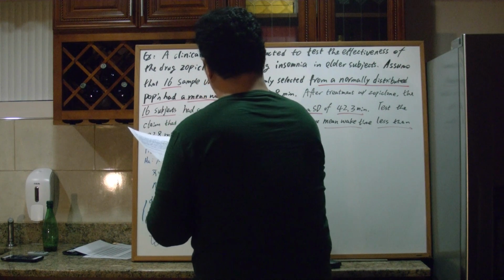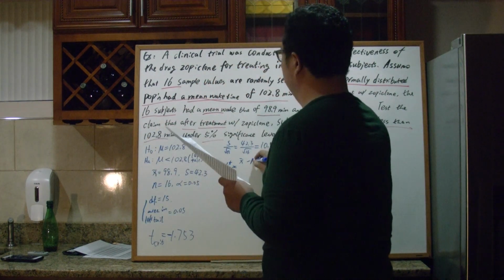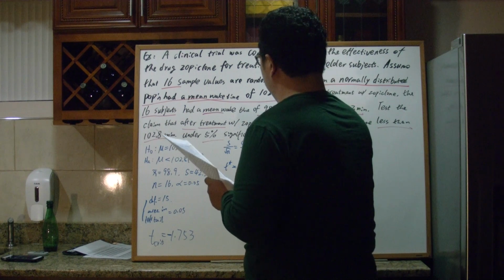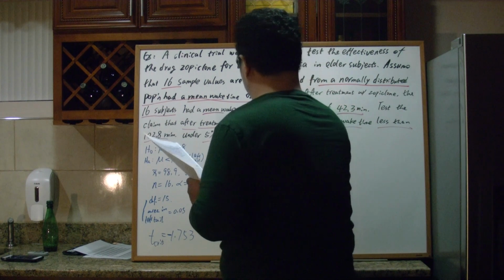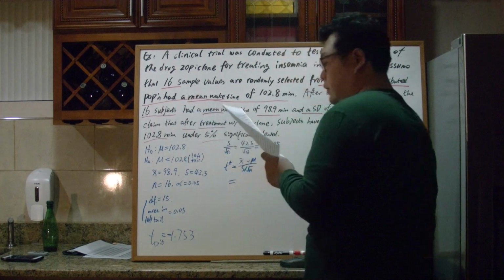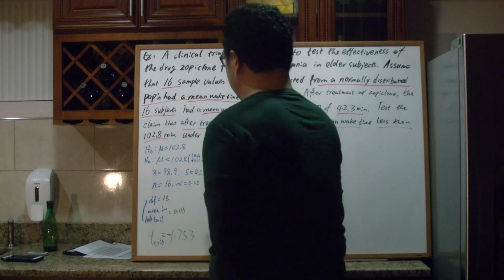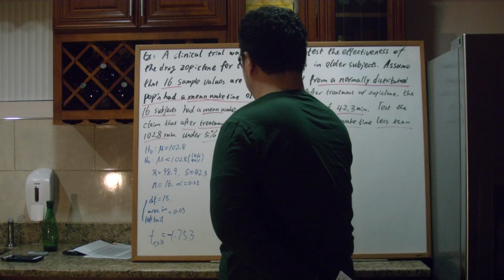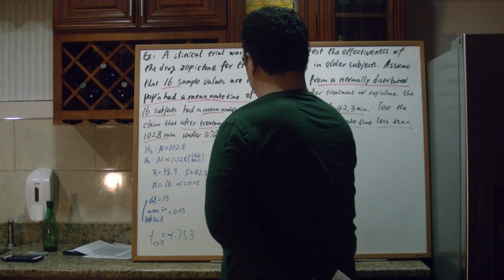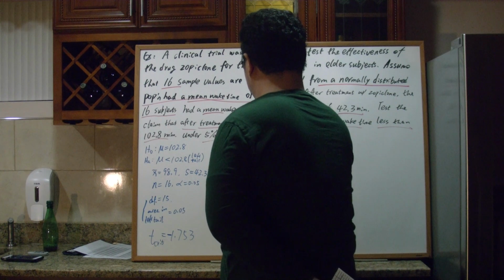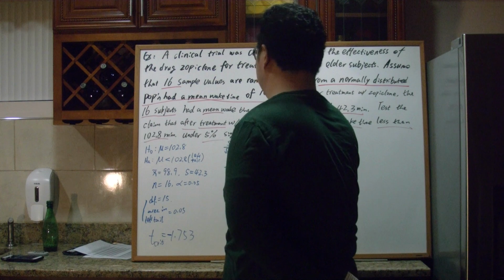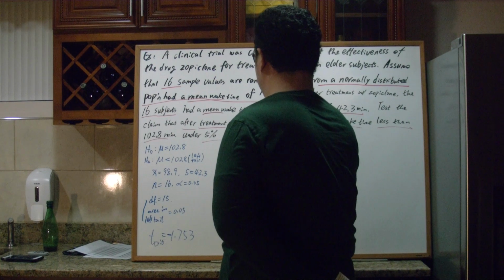Then the test statistic: the sample mean 98.9 minus 102.8, the difference is about 3.9, divided by 10.575.